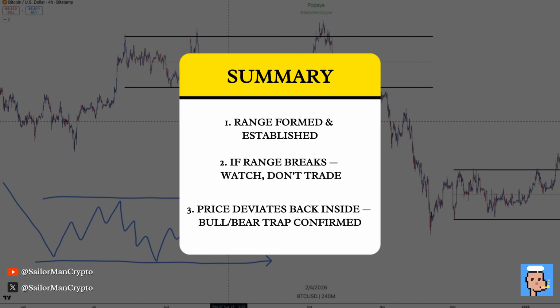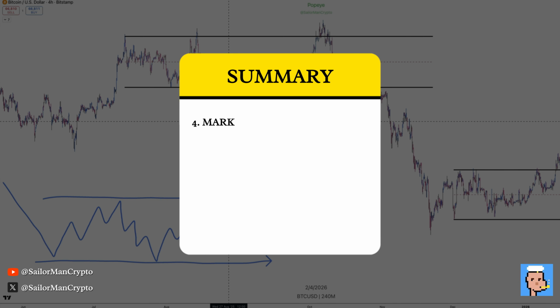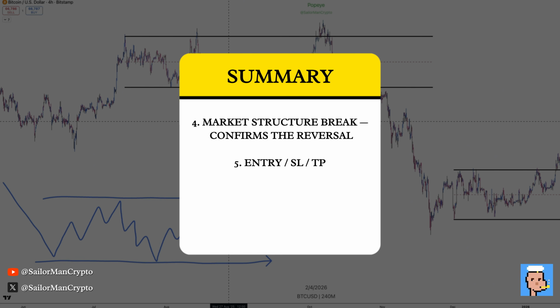We need to see a market structure break that breaks the low time frame trend that accompanied the price to the range extreme, to have more confluence, a sort of confirmation on our trade. Once we have all these, we explained in step number 5 how we place our entry, how we define our risk, where our invalidation is, and what the standard and a little bit more pro way of taking profit are.